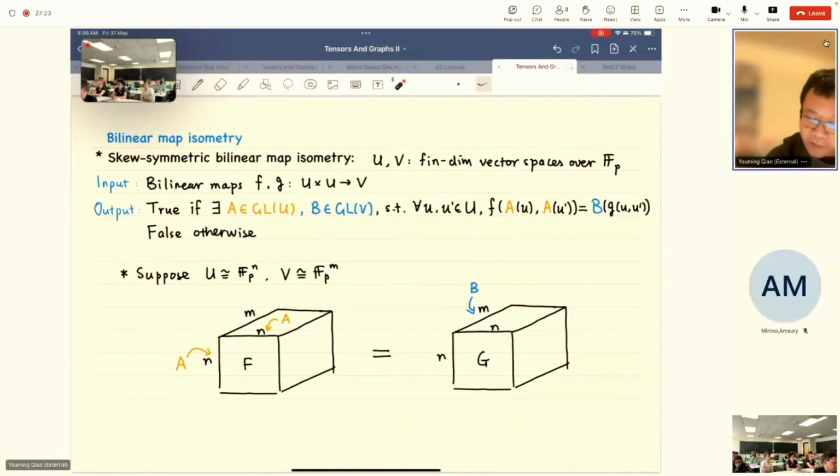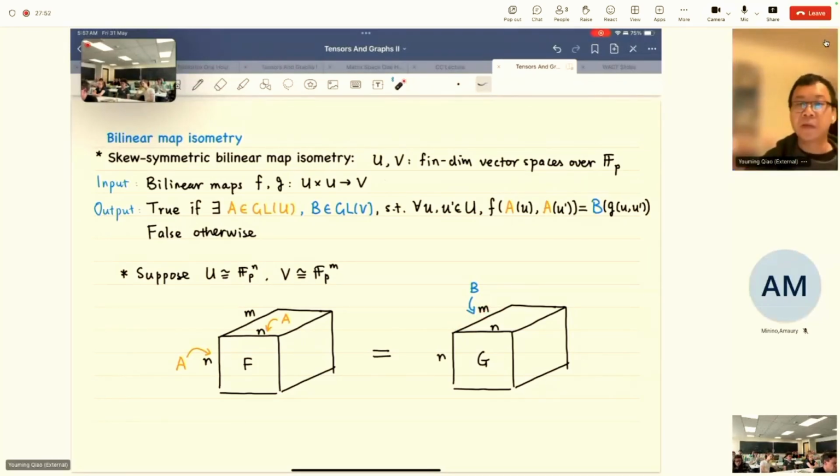So now we see what the isomorphism problem is. You have two bilinear maps recorded in three-way arrays F and G, and you have an n by n invertible matrix A acting on the left side as well as on the right side. Then you have another invertible matrix B, of size m by m, doing linear combinations on the m side.